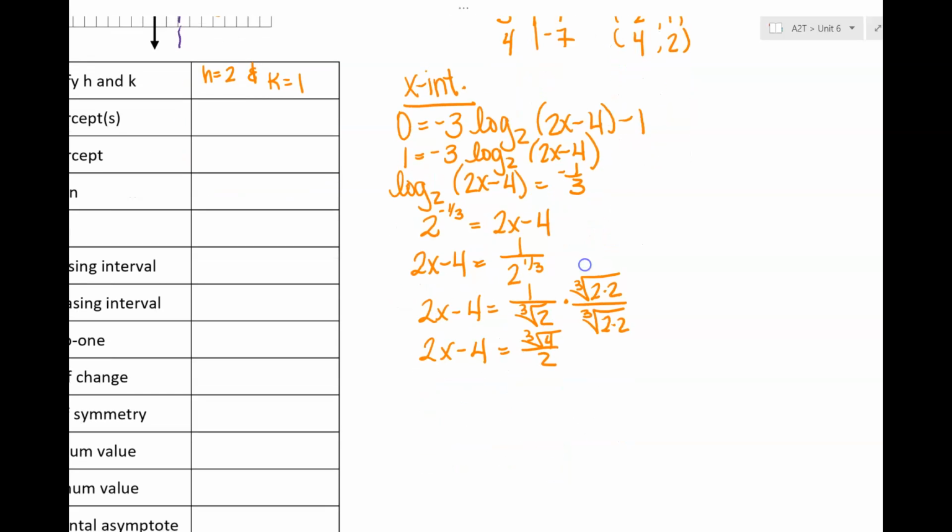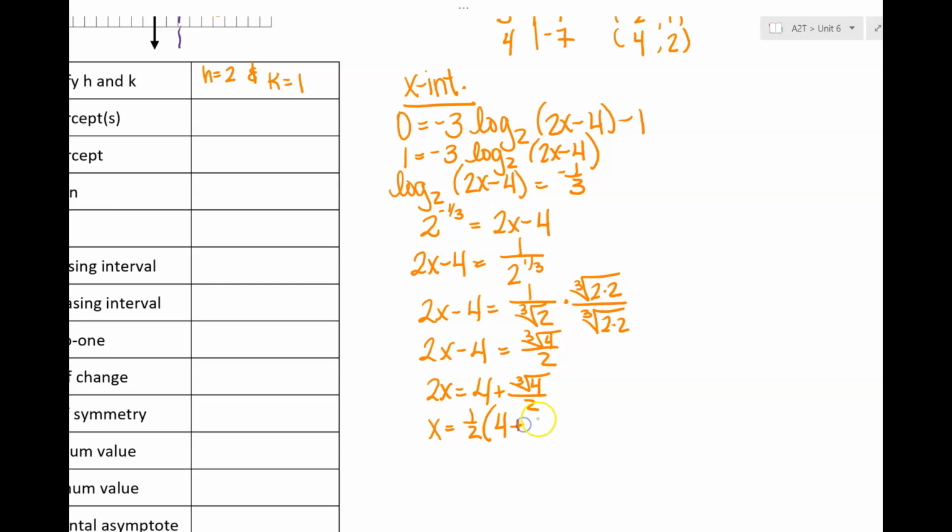Don't you just love math? I know you do. I'm going to add 4. So 2x is equal to 4 plus the cube root of 4, all over 2. And then we need to divide by 2. But let's be honest, on the right-hand side of our equal sign, we got a lot going on. So let's just multiply by the reciprocal.